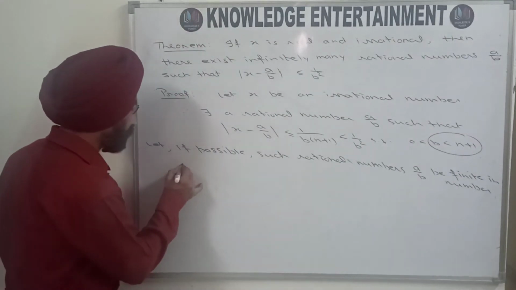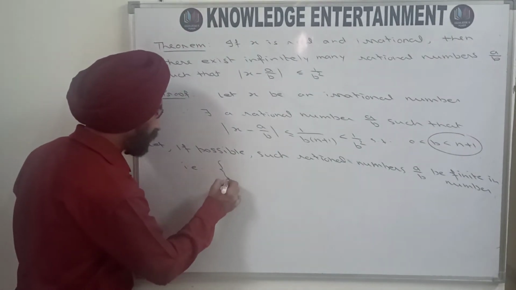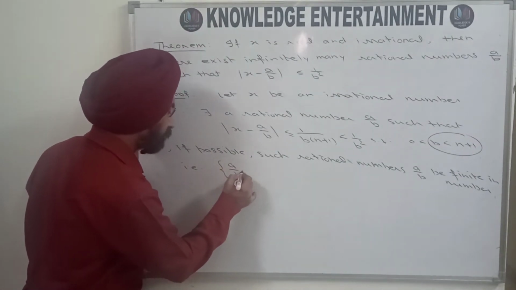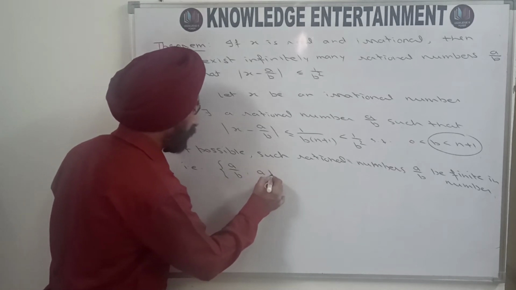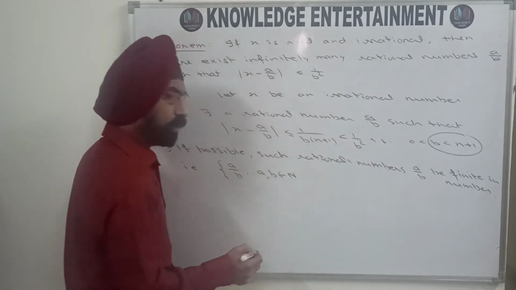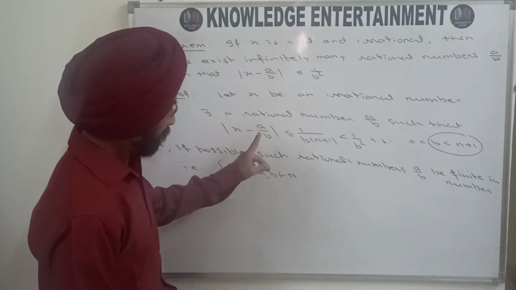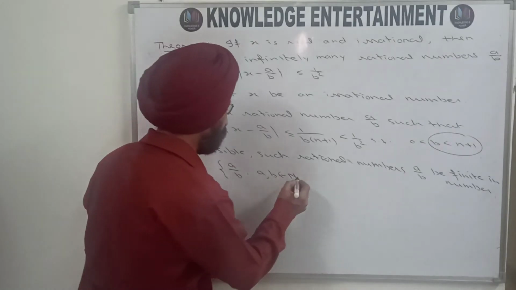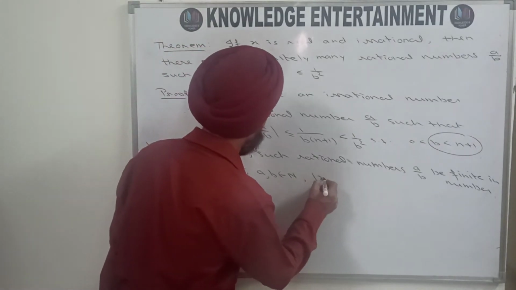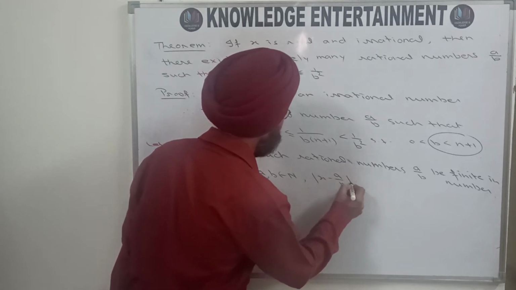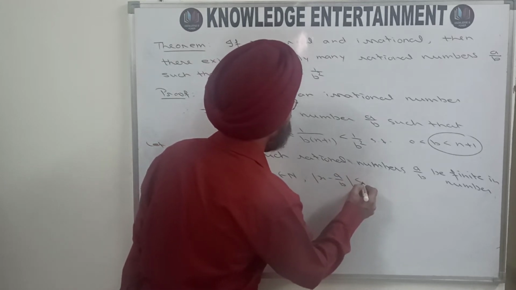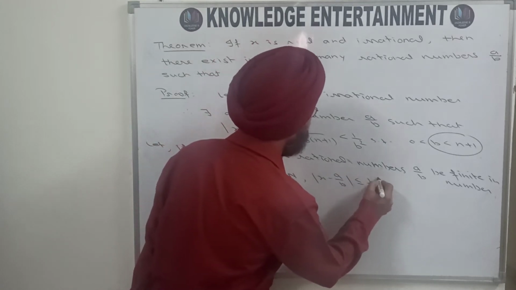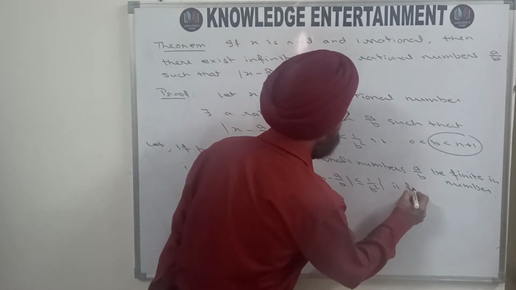That means this set of a upon b, where a and b are natural numbers satisfying the inequality mod of x minus a upon b is less than or equal to 1 upon b square, is finite.